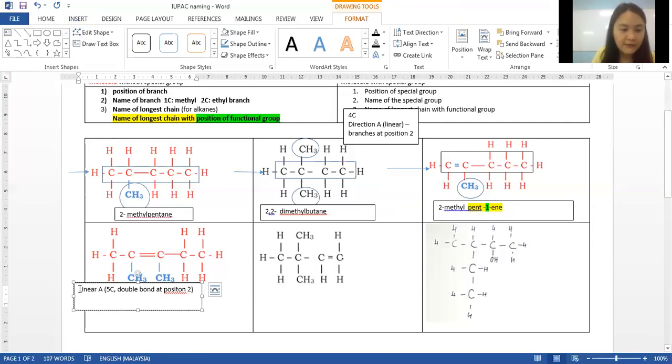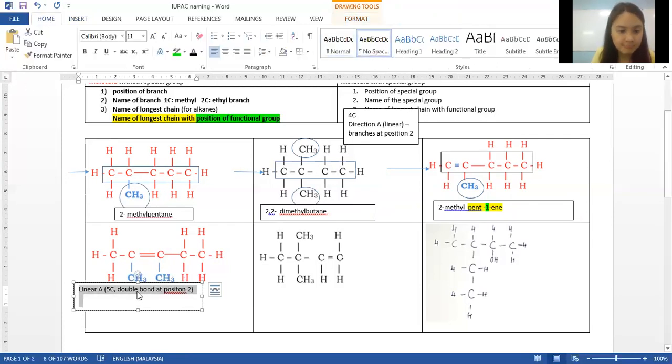How about if I go linear B? Linear B also I managed to cover 5 carbon, with the double bond at position 3, all right?